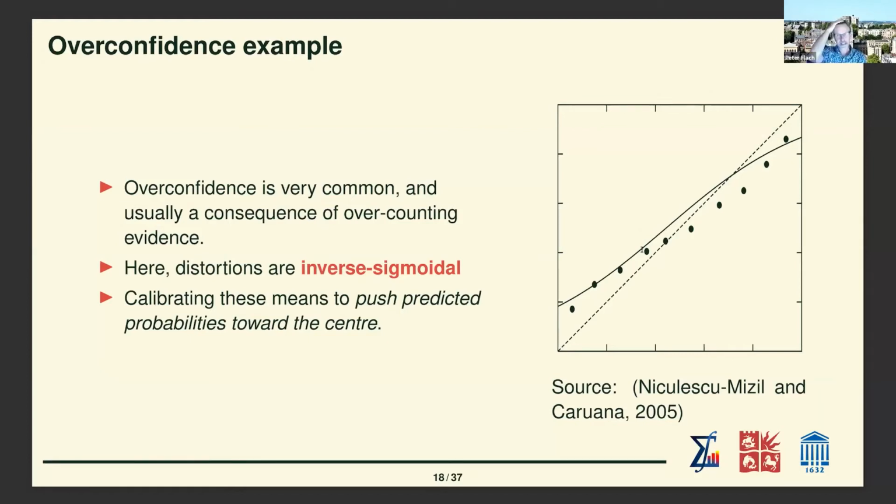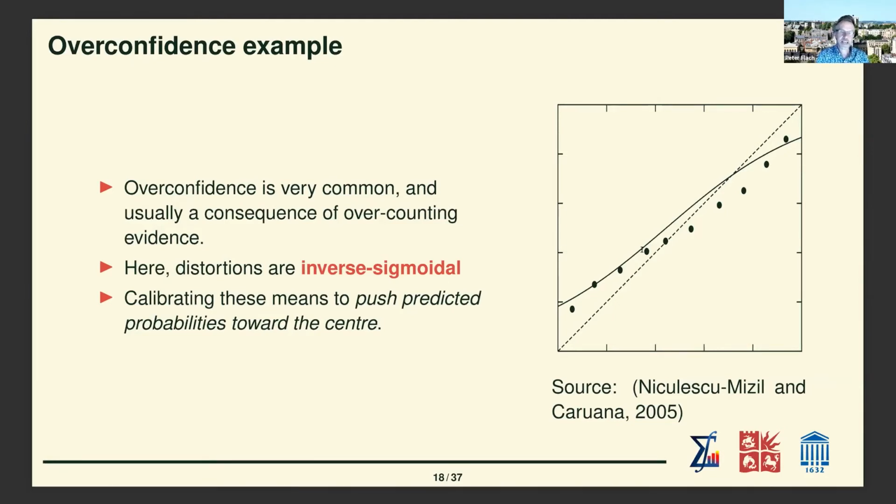I think this is actually a naive Bayes classifier. In order to correct for this, we need a calibration method that can model these inverse sigmoids. And I'll mention one in a moment that can do this.